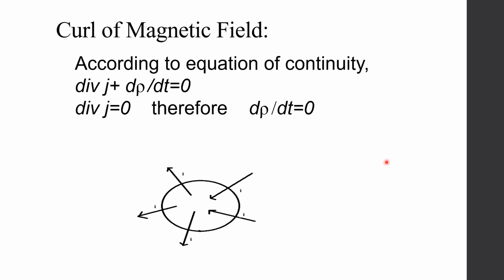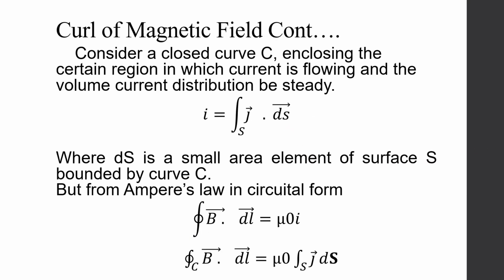Further, we consider a closed curve, as we have shown earlier, and it encloses a certain region in which current is flowing and the volume current distribution is steady.